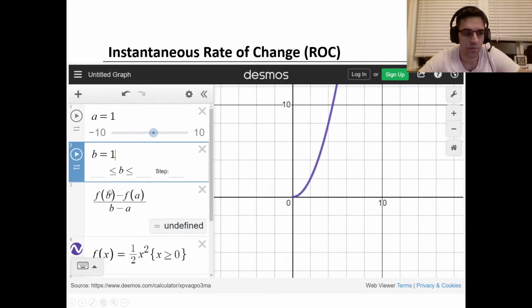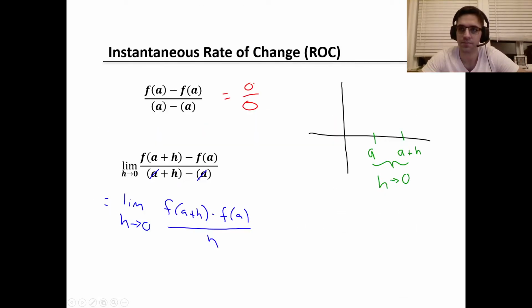So we'd have f of 1 minus f of 1 over 1 minus 1, which would be 0 over 0, which, if we learned anything from last unit, is indeterminate form. 0 over 0 doesn't work, it's not defined. So we have to extend beyond our average rate of change definition in order to find instantaneous rate of change.